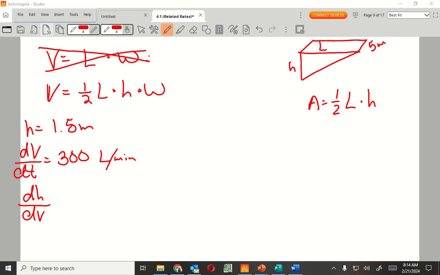So I know the width is going to be 5. Is that going to change? No. There's no change in that. So if I leave the W in both of these formulas, I would end up with a dW/dt. Since W is a constant, let's replace the W now with 5.